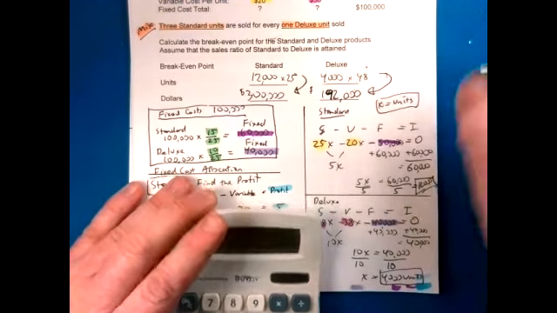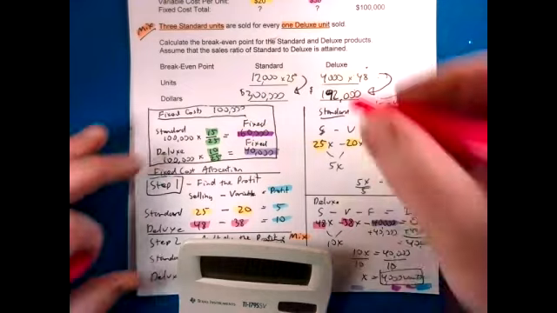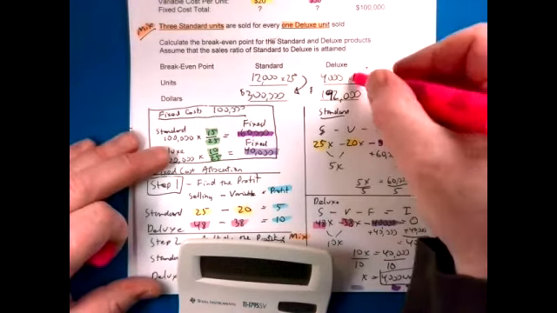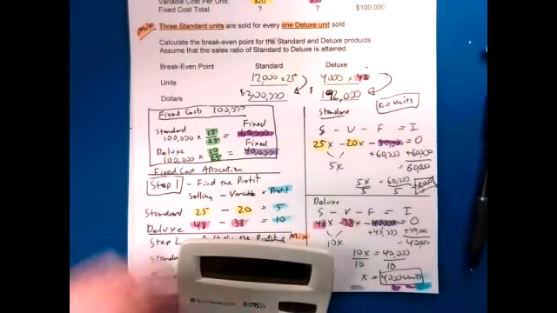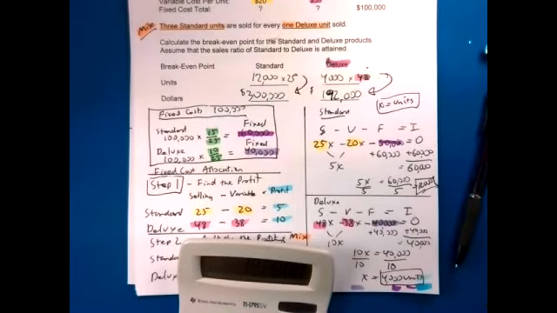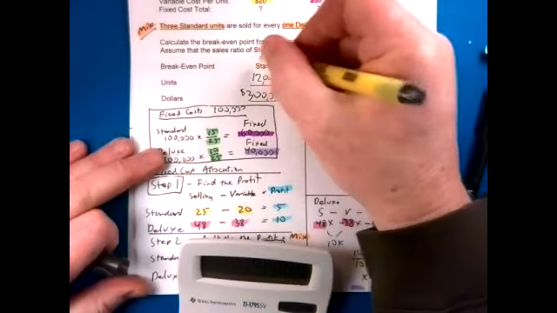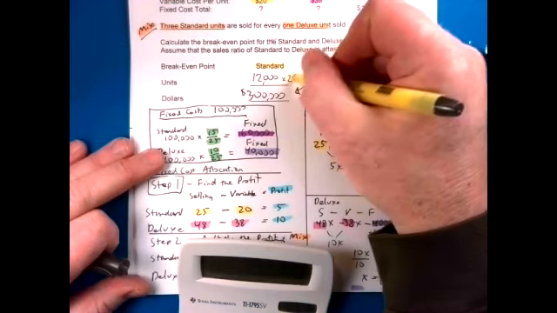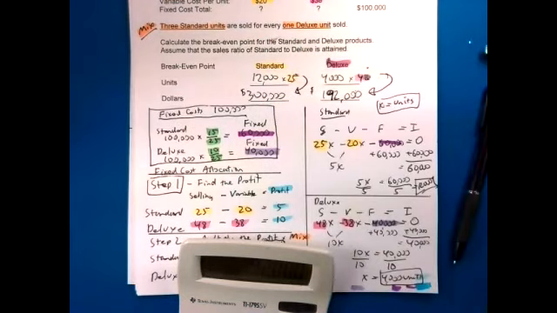They're 92,000. So let me change these. So this would be that, and the standard would be that.